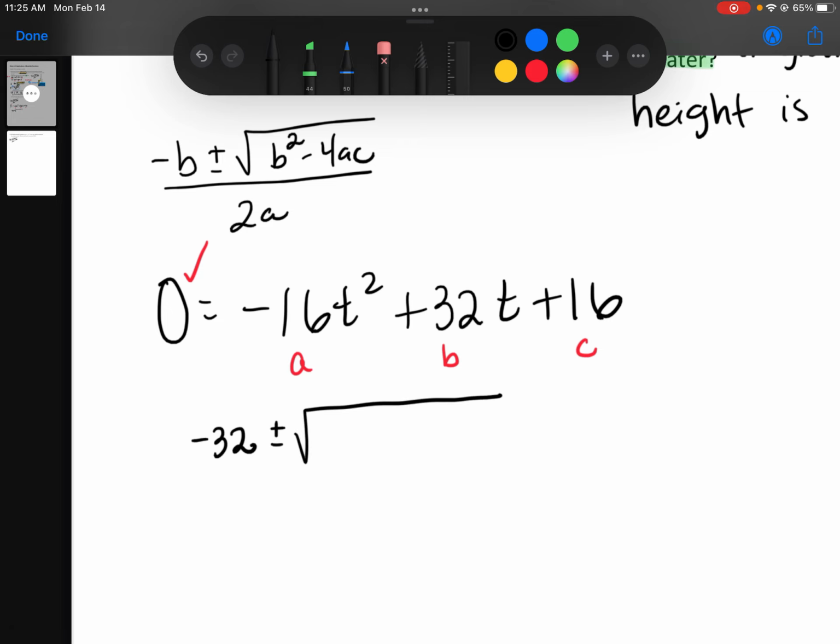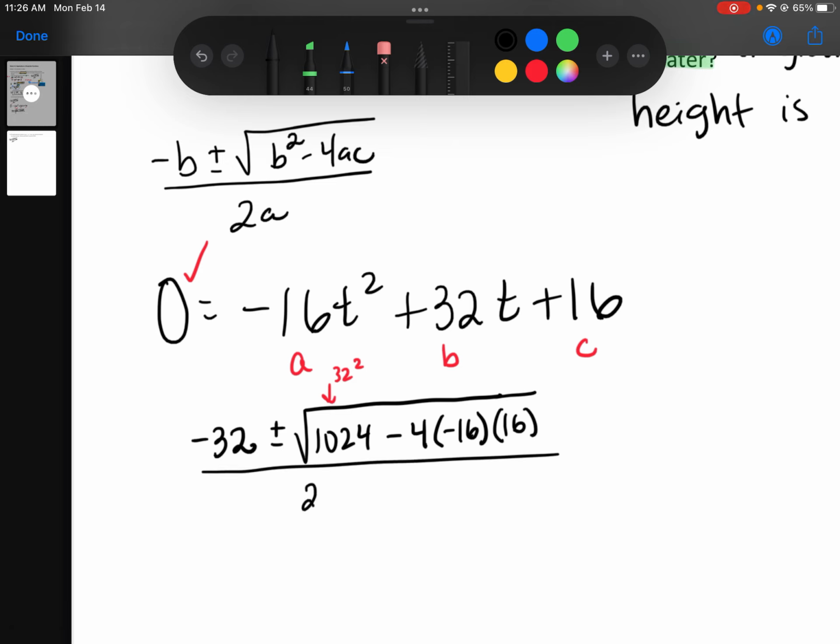And we already did the 32 squared. That was 1,024. Then we do minus 4 times A, so negative 16, times C, which is 16. All of that's over 2 times A, so negative 16.